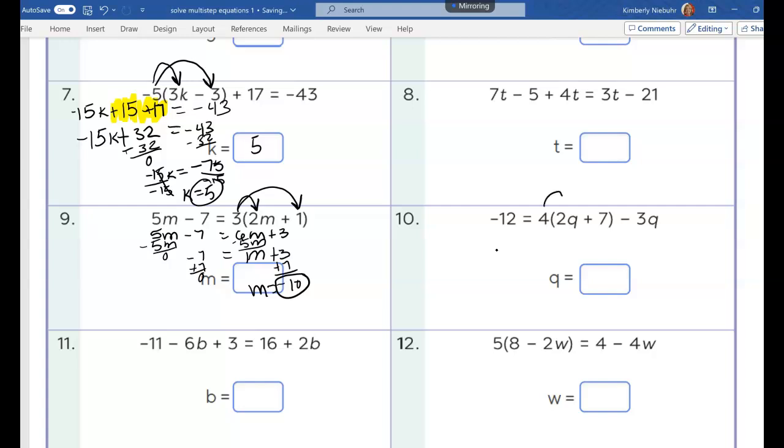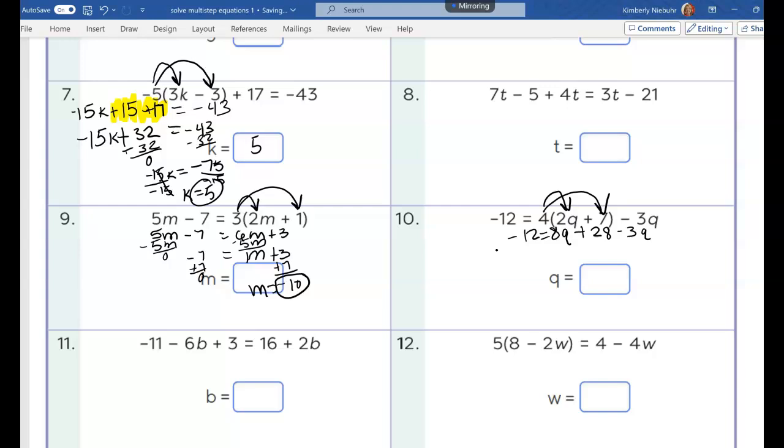We have to do the distributive property first. 4 times 2q, 4 times positive 7. So 4 times 2 is 8. Don't forget the variable q, plus 4 times 7 is 28. We're going to bring down the 3 times q on negative 12.